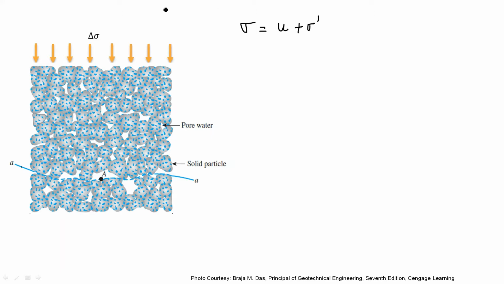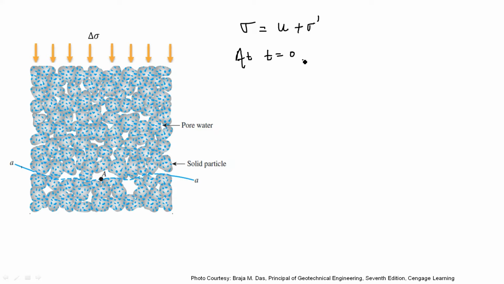When any additional load is applied on the saturated soil, all the stresses are taken by pore water. It means at time t equal to 0, that is instantaneously after applying the vertical load, all the loads are taken by the pore water.